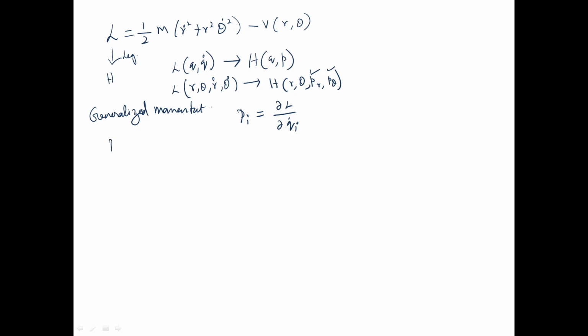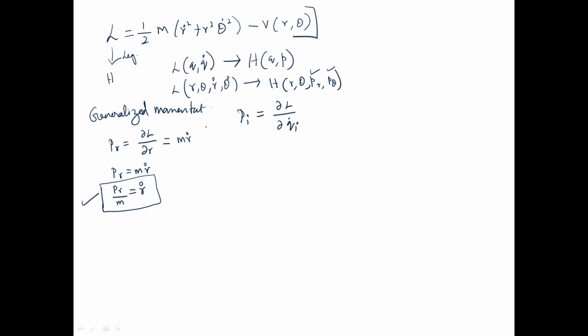So I can write p r equal to dou L by dou r dot, which gives p r equal to m r dot. I can rearrange that as r dot equal to p r by m. We need this to make the Legendre transformation, so in order to transform r dot to p r, we can use this.